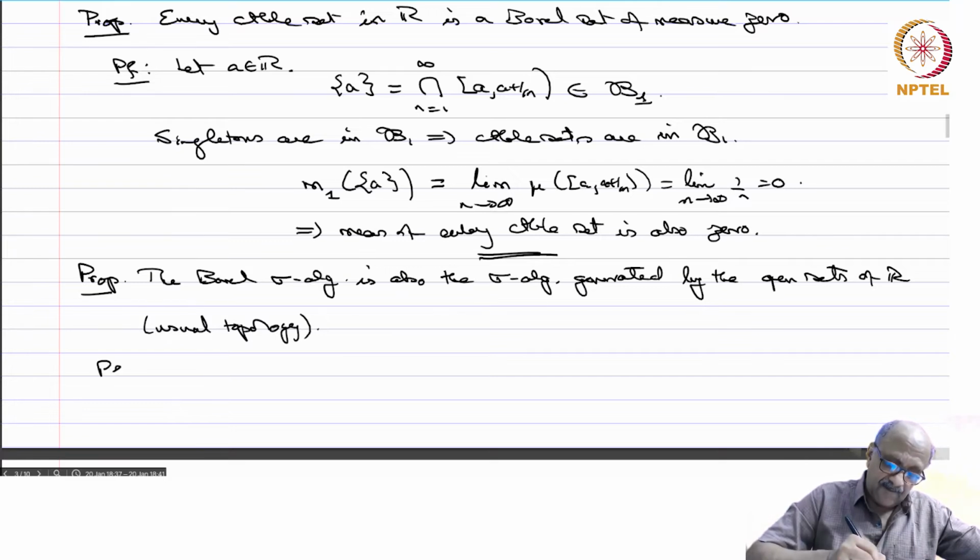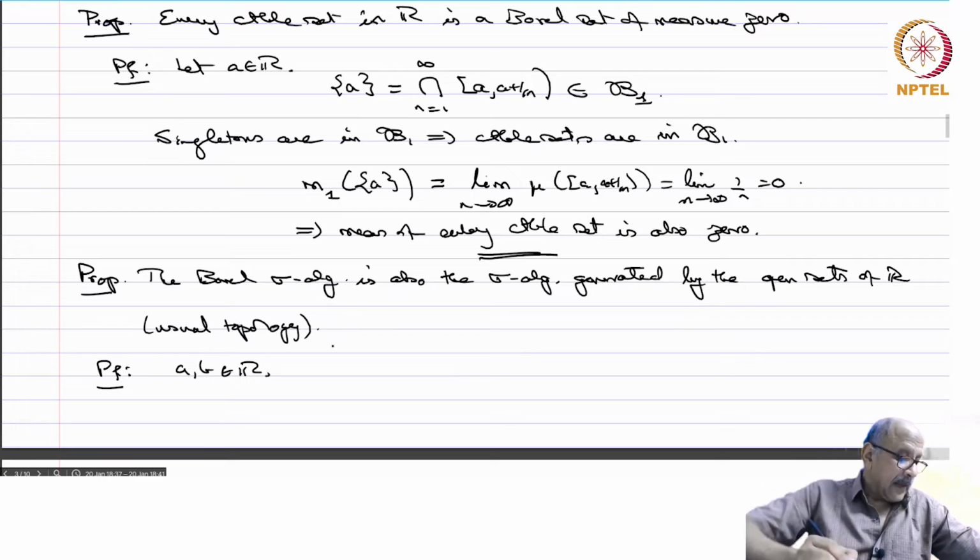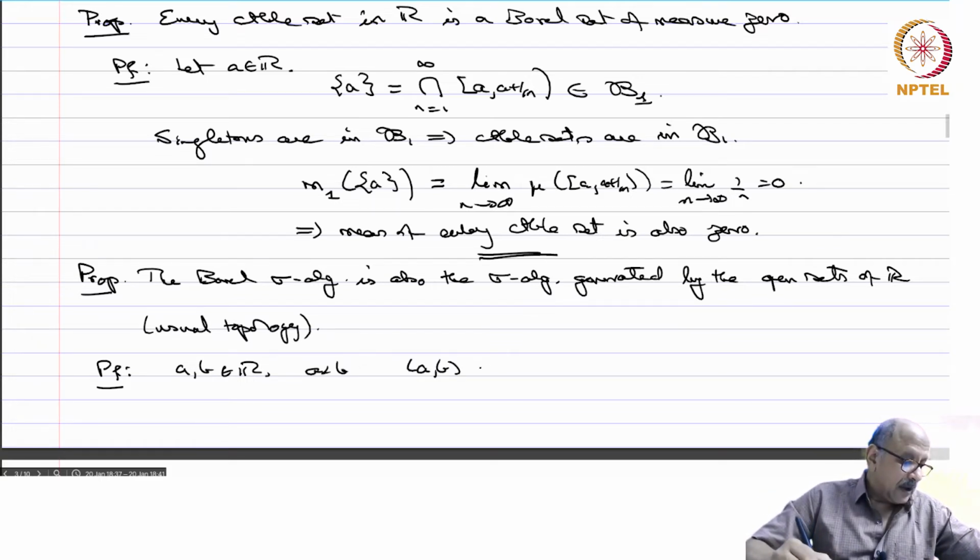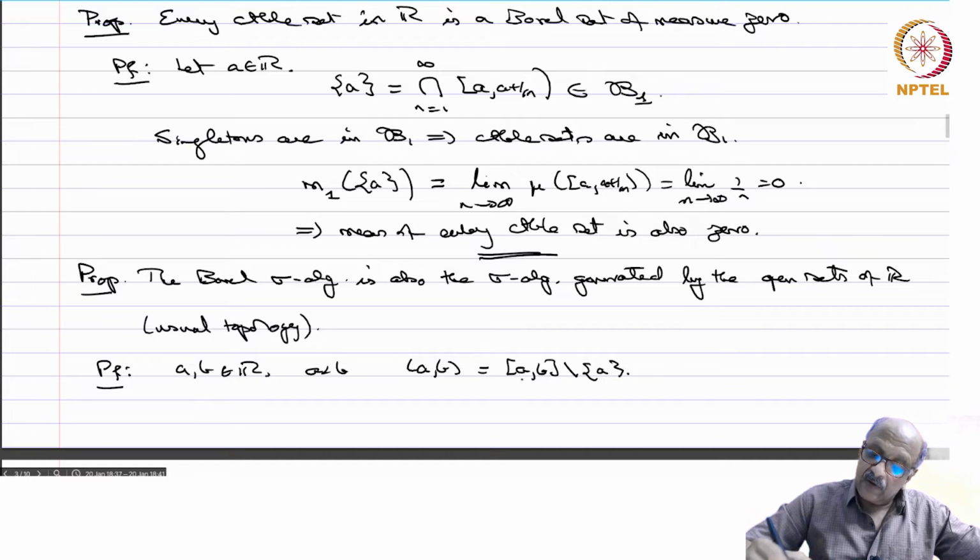So, proof. Let us take (a, b] in R. Then a < b. Then you have (a, b) can be written as (a, b] minus singleton {a}. Now singleton {a} we just saw belongs to B1, (a, b] belongs to B1, it's a sigma algebra, and therefore this also belongs to B1.